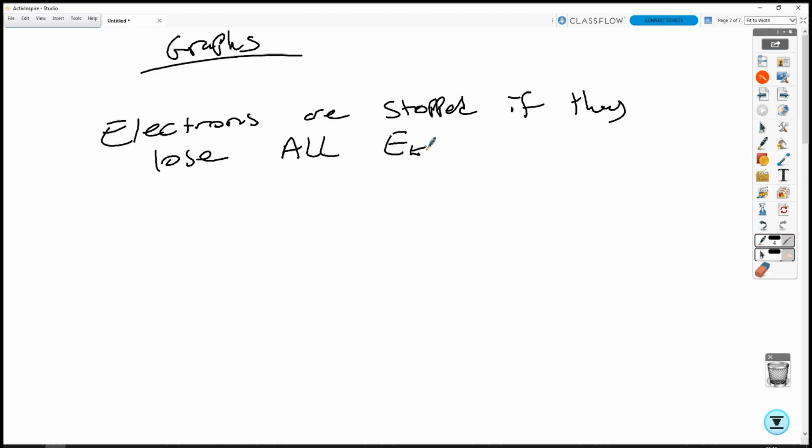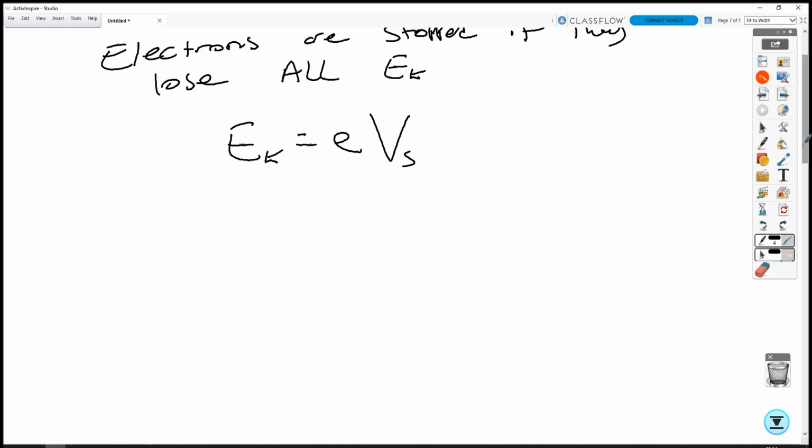So if they lose all their kinetic energy, then they lost their kinetic energy because of that electric field. So Ek is equal to e times the stopping potential. And if that's the case, we can substitute that back into Einstein's photoelectric equation. So we've got hf is equal to the work function plus eVs.